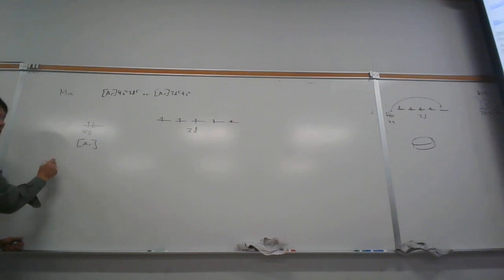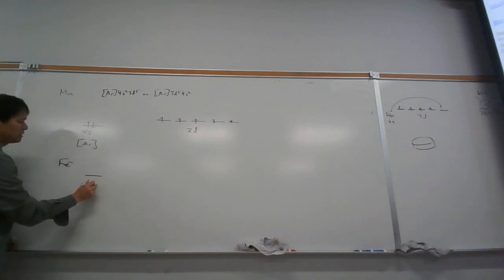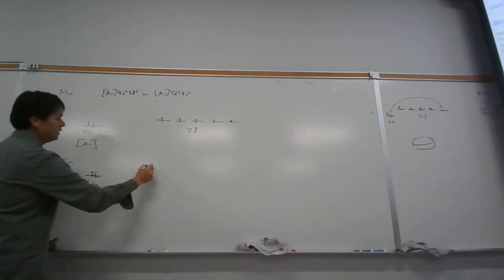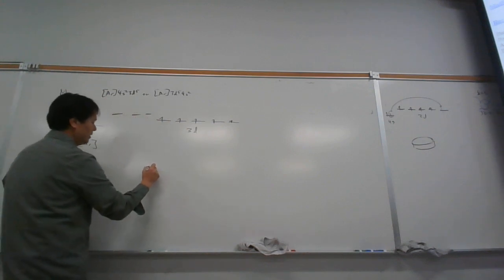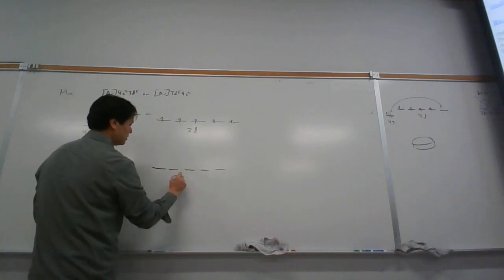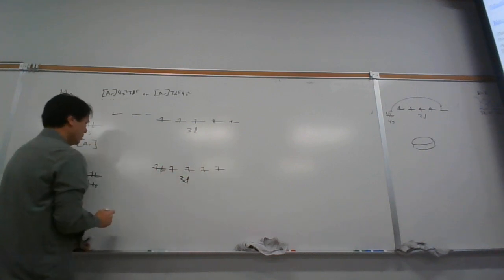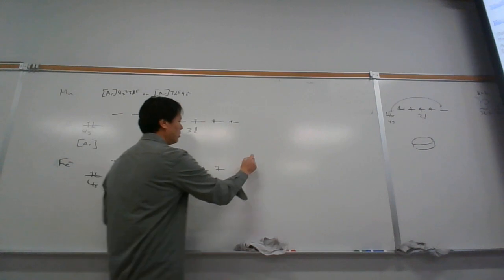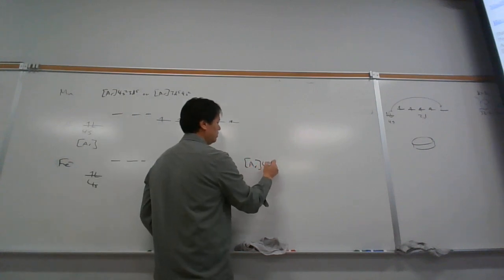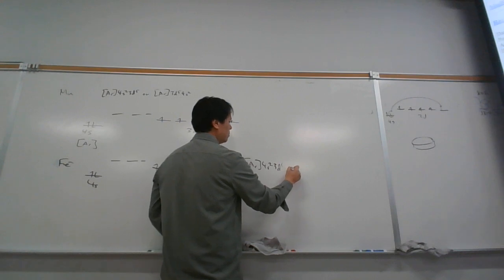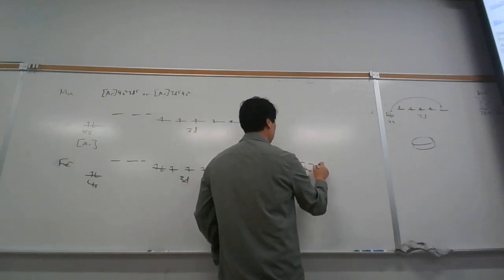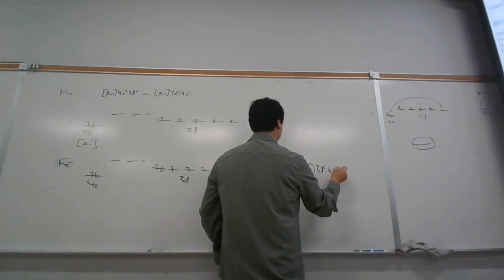And then after manganese comes what? Iron. Okay. Iron is 4s2, 3d, the 4p's are empty. 3d6: 1, 2, 3, 4, 5, 6. Which gives us an electron configuration of argon 4s2 3d6, or argon 3d6 4s2.